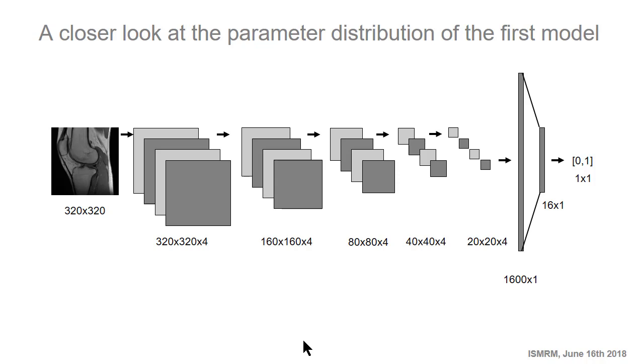Okay, but let's try to do something useful. Let's look at how our parameters are actually distributed in our first model. So we had these convolutional layers, and we had the fully connected layer at the end.